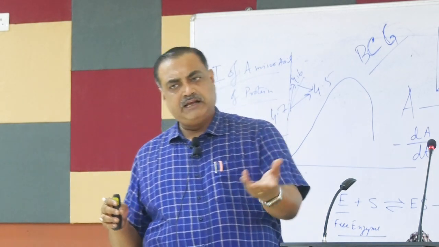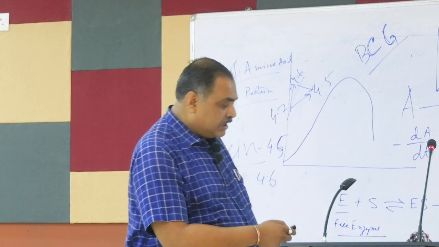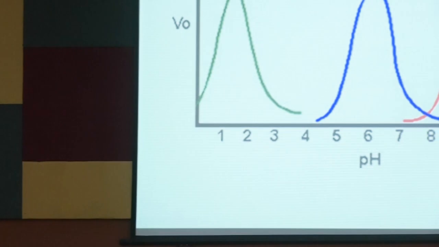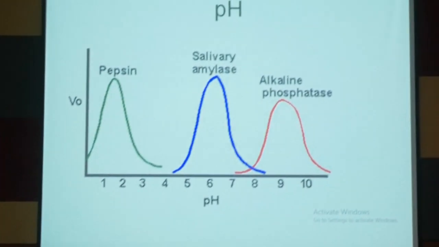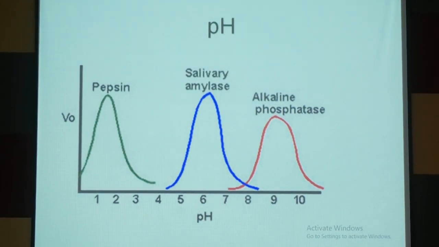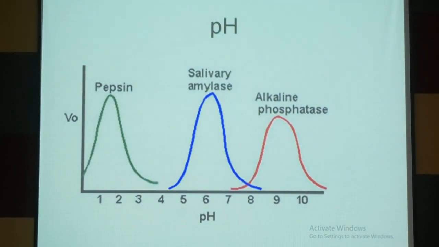Even pancreatic amylase is the same. Now, alkaline phosphatase: its optimum pH is between 10 and 12. What is its function? It is secreted from the biliary tract into the small intestine.